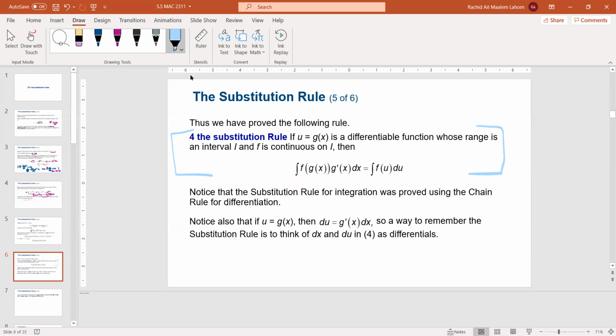If these two conditions are met and you see the integral and you can tell that there is a g of x inside f, a composition of functions, multiplied with that g prime of x, then you can integrate using u as g of x. You can do this substitution and move on with it. But watch for this substitution rule. This is an indefinite integral, right?